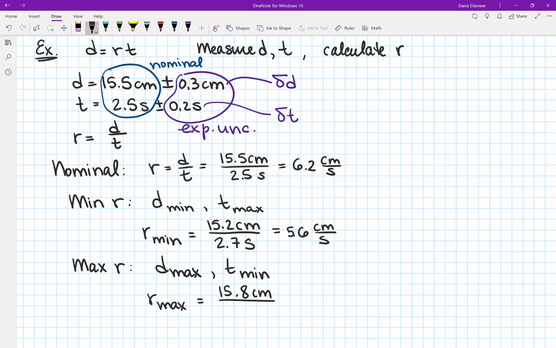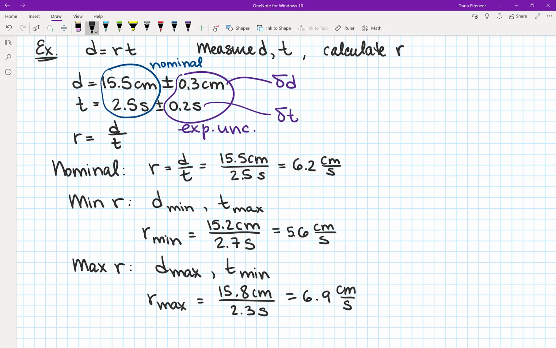And I get minimum time by subtracting uncertainty, so 2.3 seconds. Again, I'm putting this in my calculator and rounding it to 2 sig figs, 6.9 centimeters per second. Okay. Now, I have to report what I found, right?